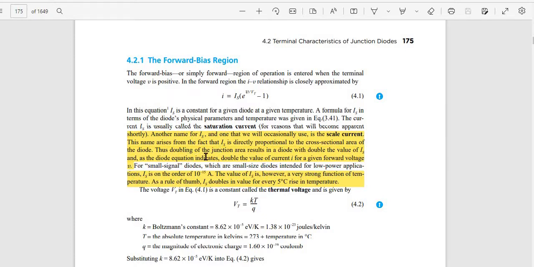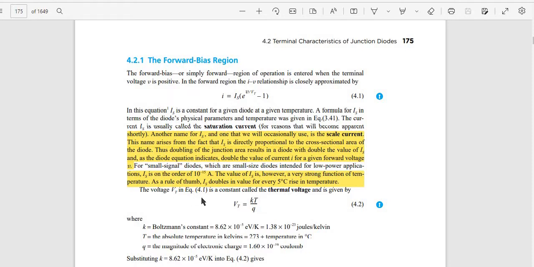Thus, doubling the junction area results in a diode with double the value of Is, and, as the diode equation indicates, double the value of the current I for a given forward voltage V. For small-signal diodes, which are small-size diodes intended for low-power applications, Is is on the order of 10 to the power minus 15 ampere. The value of Is is, however, a very strong function of temperature. As a rule of thumb, Is doubles in value for every 5 degree rise in temperature.